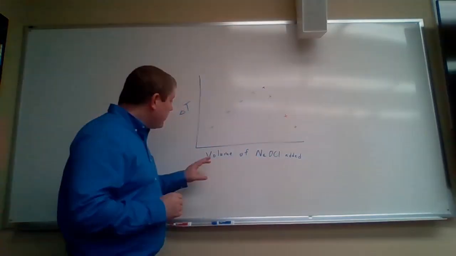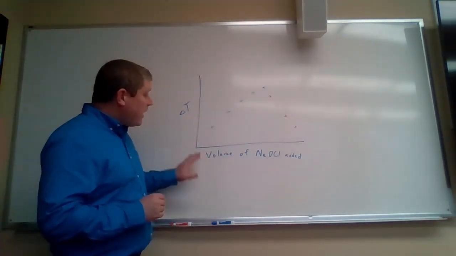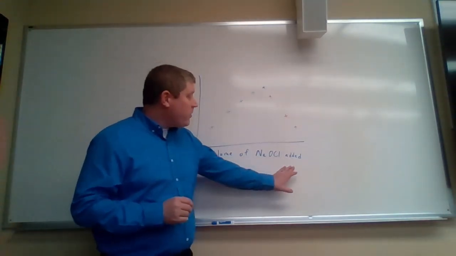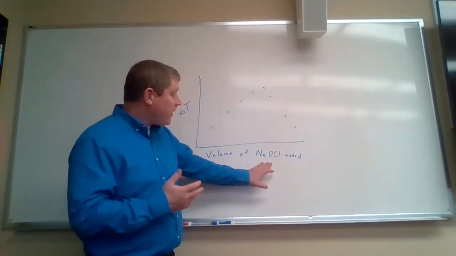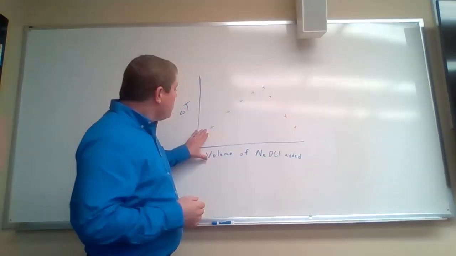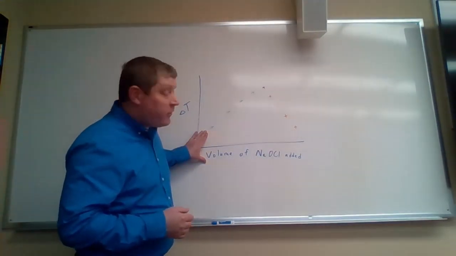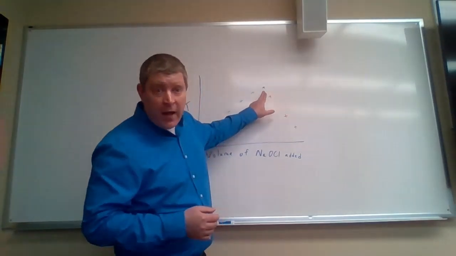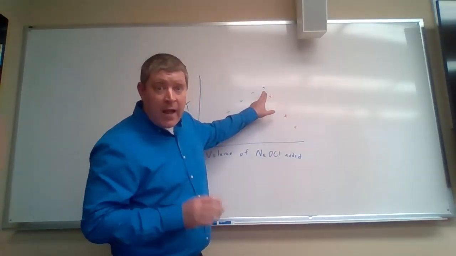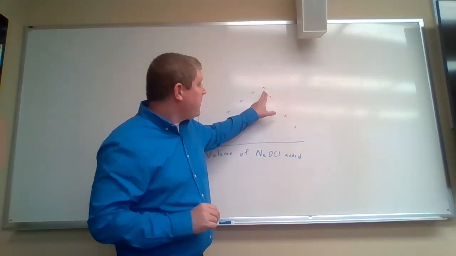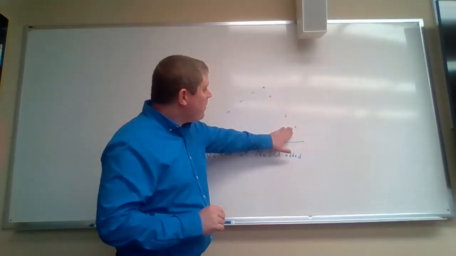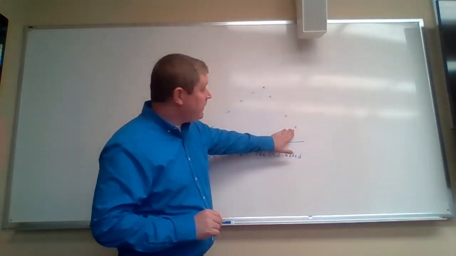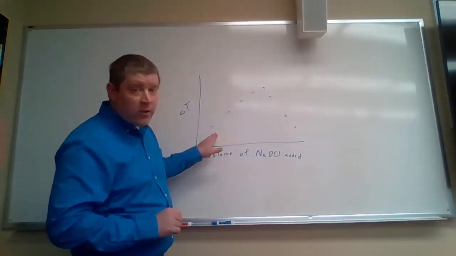So you're going to then plot the temperature change as a function of the volume of one of the reactants. In this case, I've chosen sodium hypochlorite. You're going to have three different regimes. You're going to have the maximum temperature value, and that point we're going to set aside. You're then going to have points with higher volumes than that, and points with lower volumes than that.